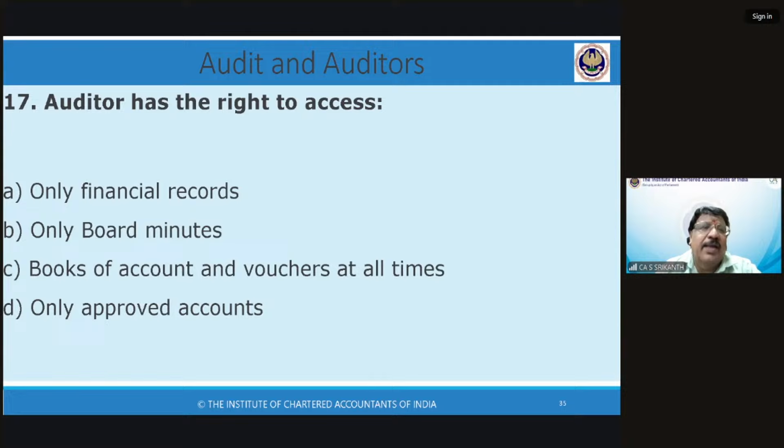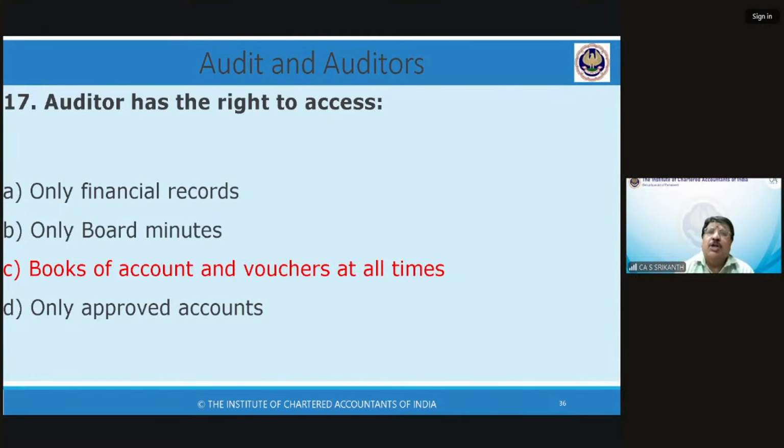This is actually one of the rights of an auditor. Let's see if you know the answer. 17. See, only is the problem there. So he can see non-financial records also.